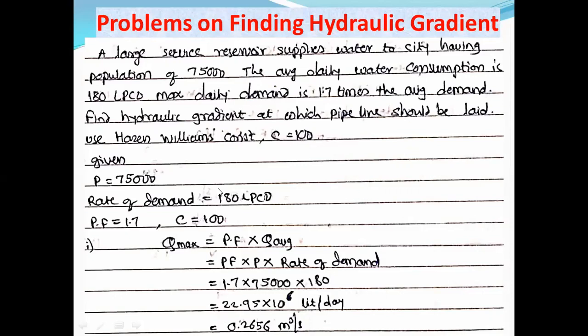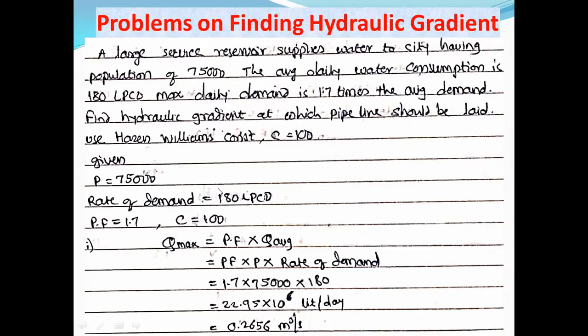So first of all, let us write down the given things. Population, capital P, is equal to 75,000. The rate of demand is equal to 180 LPCD. They have mentioned in the problem that maximum daily demand is 1.7 times the average demand.